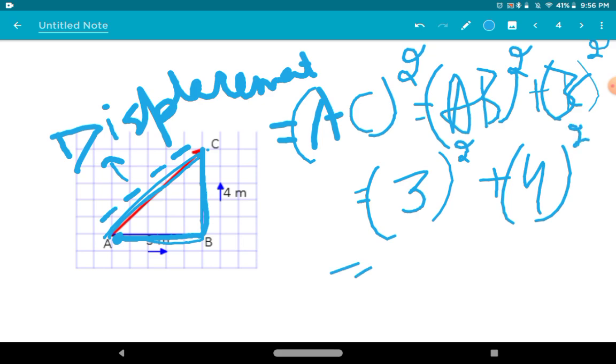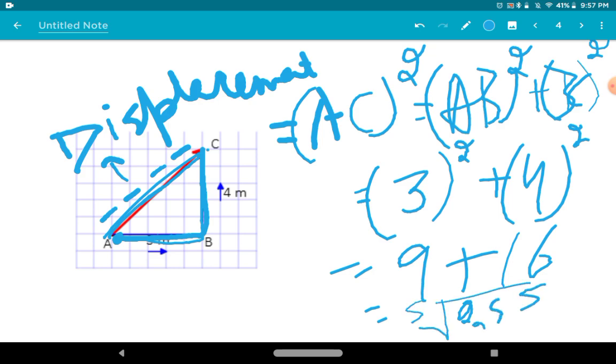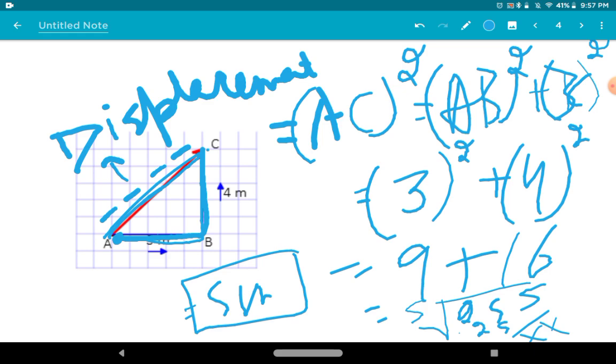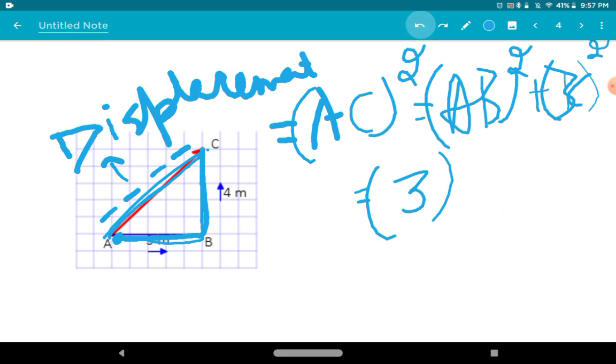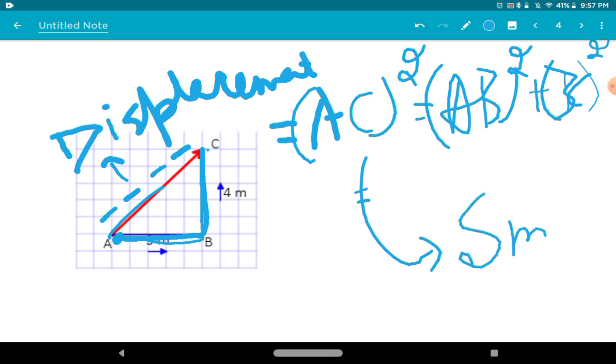It is equal to 3 square, which is 9, plus 4 square, which is 16, which is equal to 25. And what is the square root of 25? 5 fives are 25, so the square root will be 5 meter. So the displacement AC will be equal to 5 meter.